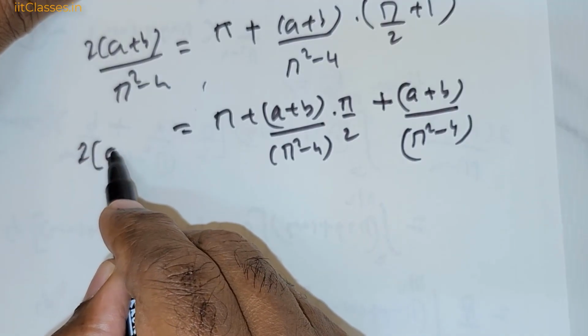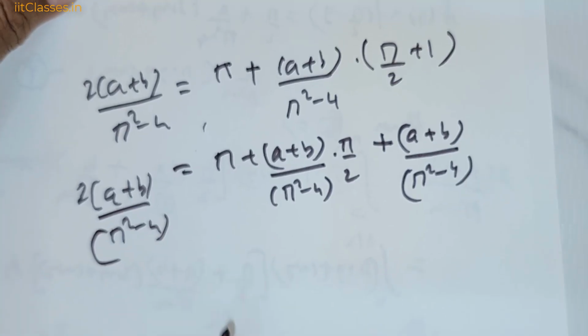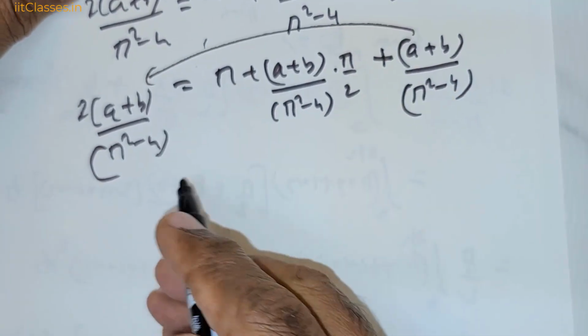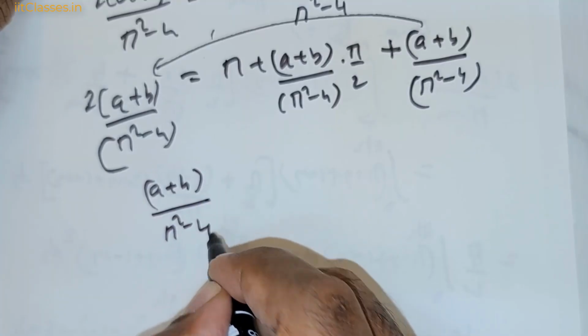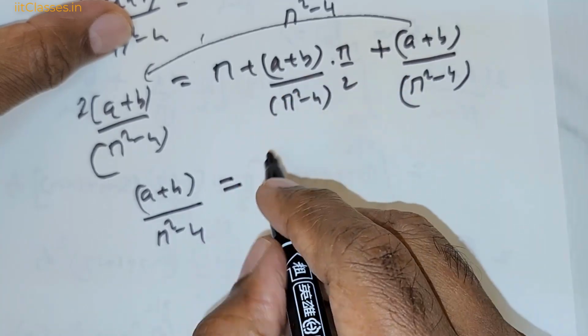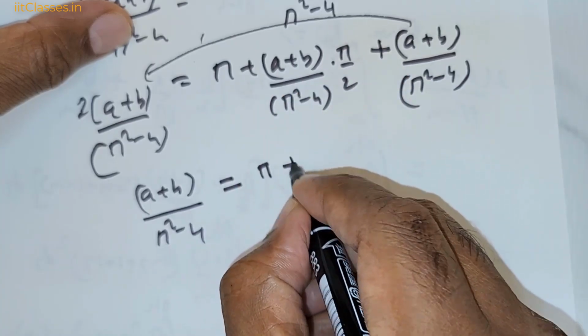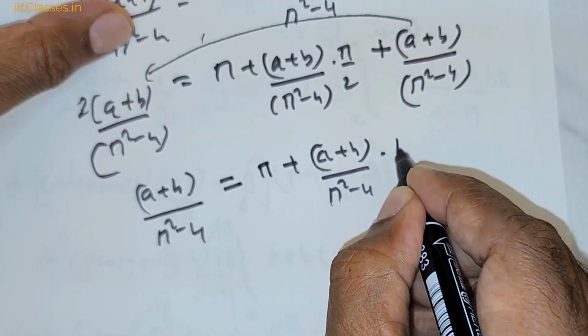Now on the left you have 2 times of a positive b divided by pi squared negative 4. So if this moves here, you will have left with a positive b divided by pi squared negative 4 is equal to pi positive a positive b divided by pi squared negative 4 times pi over 2.